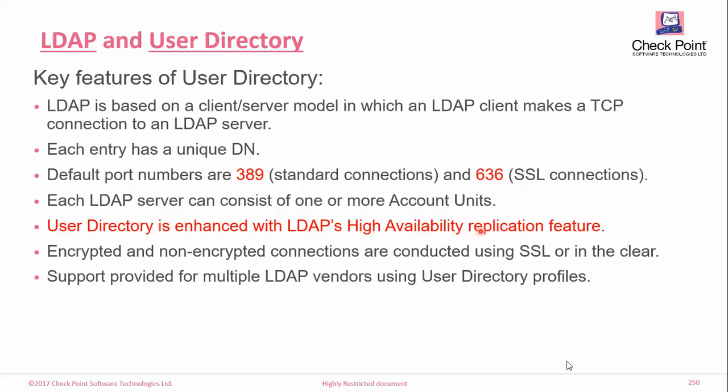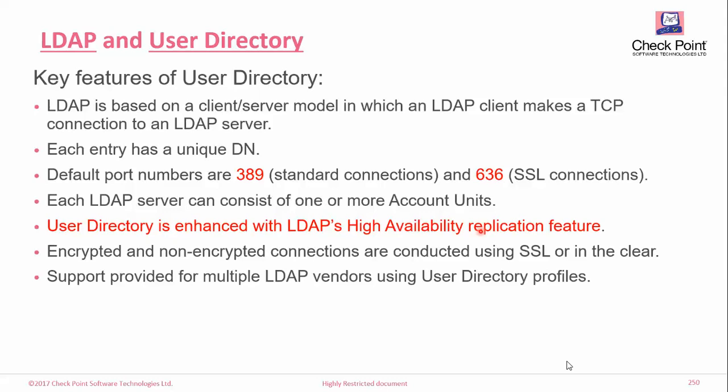Now, another way that you can do this is if you have a large number of users, you put a third of your users on one LDAP server, the second third on another, and the last third on another. So now a person goes to authenticate through the gateway, and the gateway first is going to look at the user directory on the SMS. If it doesn't find it there, with the LDAP account units, it's going to be able to rank priorities for these LDAP servers.